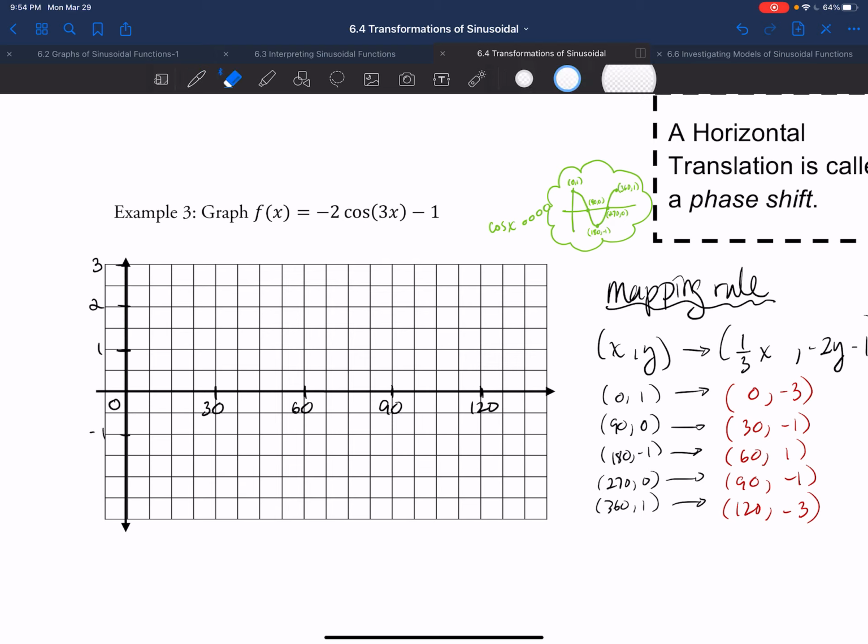Actually, I'm going to go off the graph then. So I'll do every 1 box here. So 0, -3. 30, -1. 60, 1, 90, -1, 120, -3. And we have our cosine function.